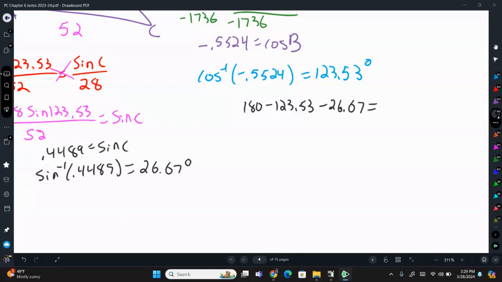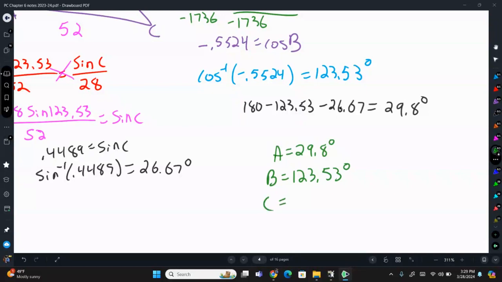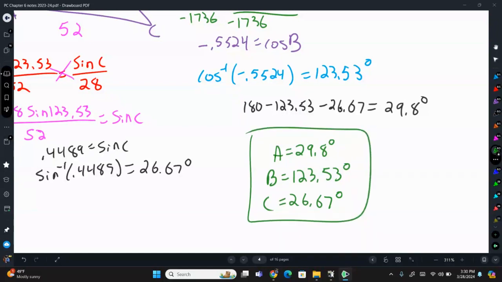And that gives us 29.8 degrees. So our information that we calculated, angle A was 29.8 degrees, angle B was 123.53 degrees, and angle C was 26.67 degrees. That's what we were trying to figure out.